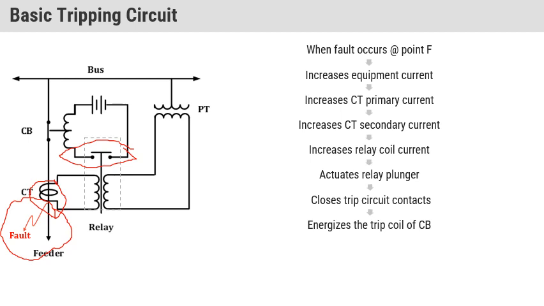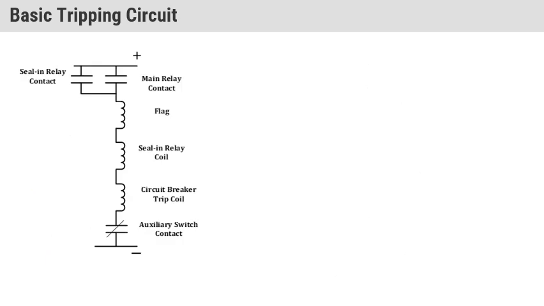The trip coil is energized by the battery, and due to this energization our circuit breaker will trip and open the circuit breaker contacts. Normally the circuit breaker is in the closed position, but when this circuit is energized, its contacts open and isolate the faulty section of the power system. So this is the procedure.